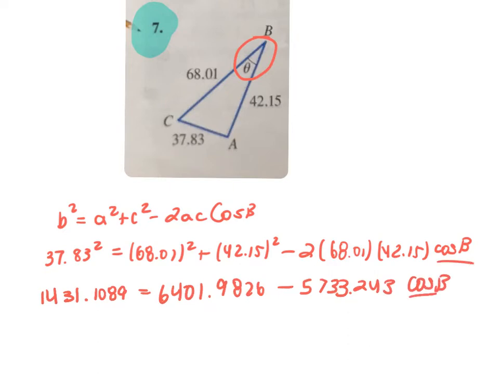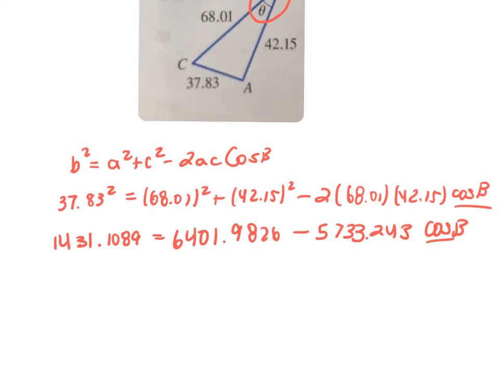Now I'm trying to get that cosine of b by itself. So let's just go through how, by order of operations, we would solve this equation. I'm going to subtract 6401.9826 from both sides.